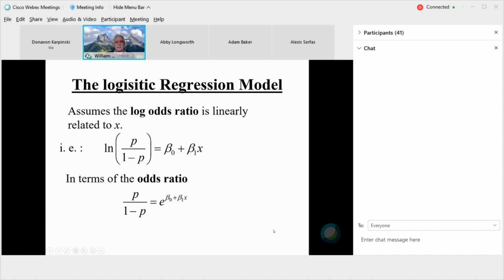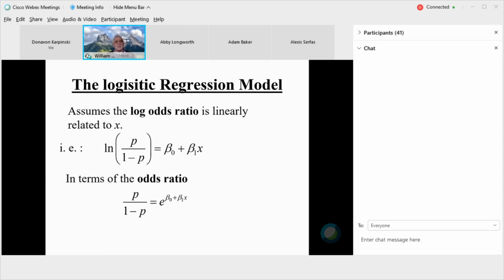The logistic regression model assumes that the log odds ratio is linearly related to x. You can't have P linearly related to x because eventually, on the right hand side, P will get out of the range 0 to 1. P ranges from 0 to 1. P over 1 minus P ranges from 0 to infinity.